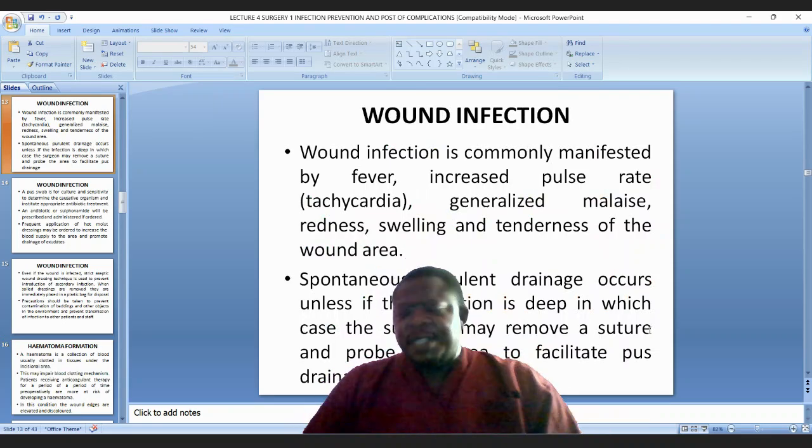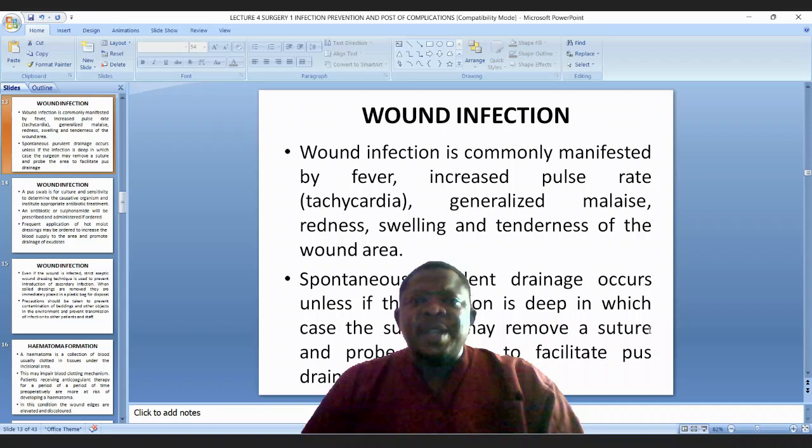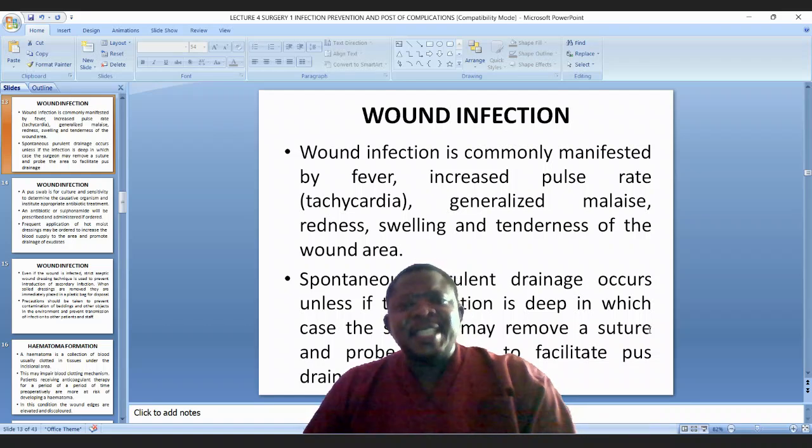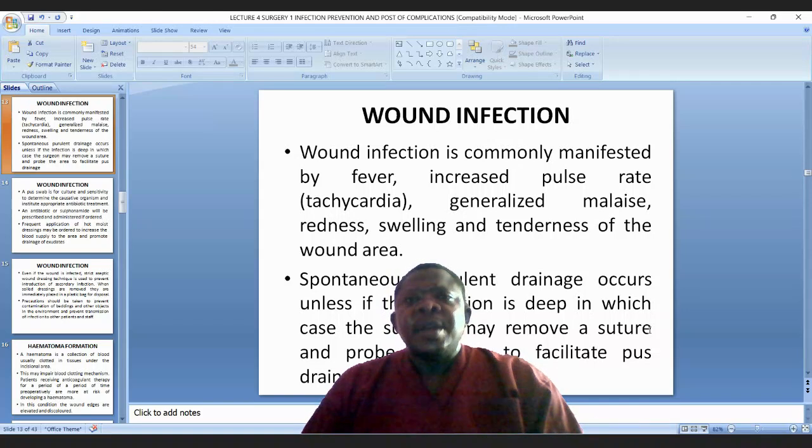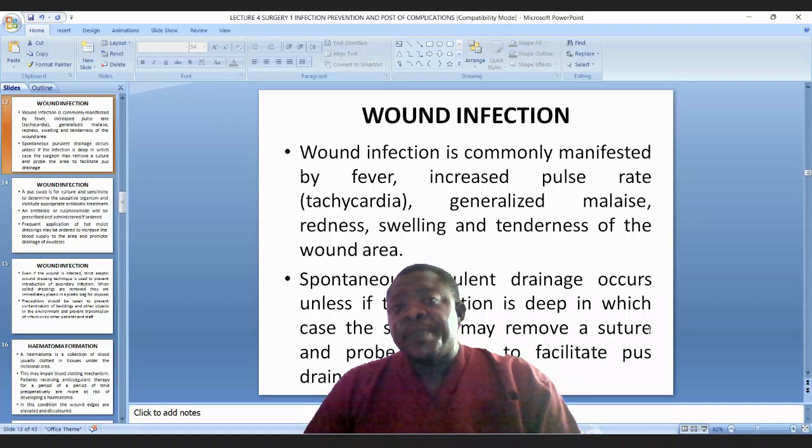Wound infection, or sepsis, as the first one. Sepsis is infection that may affect either the blood or the skin. Wound infection is commonly manifested by fever, increased pulse rate, generalized malaise, redness, swelling, and tenderness of the wound area.